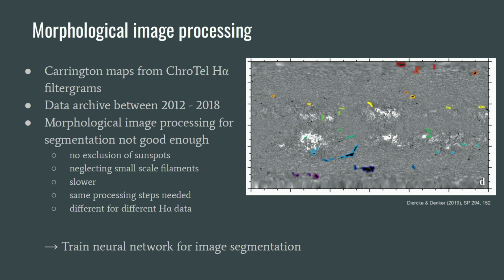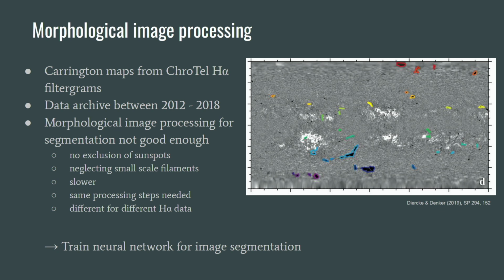And I used classical morphological image processing, in this case on Carrington maps created from the full disk images, and tried to extract filaments. Since I was interested in polar crown filaments, which are usually quite large, as you can see here in the bottom, I selected just the larger filaments to be able to differentiate between filaments and sunspots.